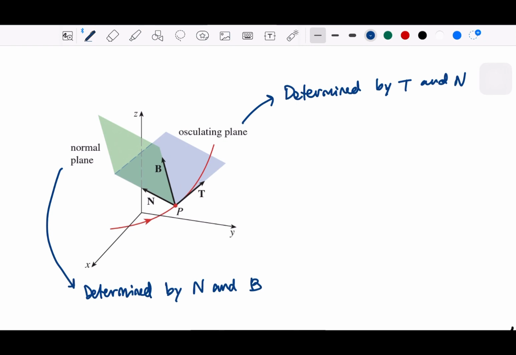Now if you look at the osculating plane, it is somewhat in line with the curve itself, right?